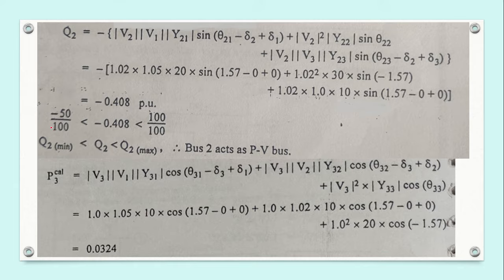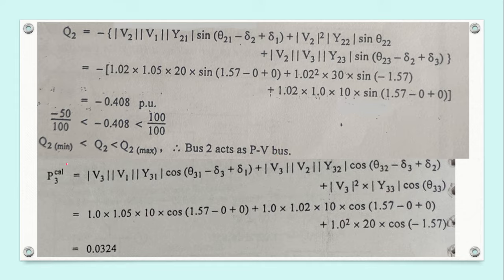The base value is given as 100. So the limit becomes minus 0.5 less than Q2 less than 1. Our calculated value is within the limits. As Q2 calculated is within the limit, bus 2 will act as a generator bus itself.